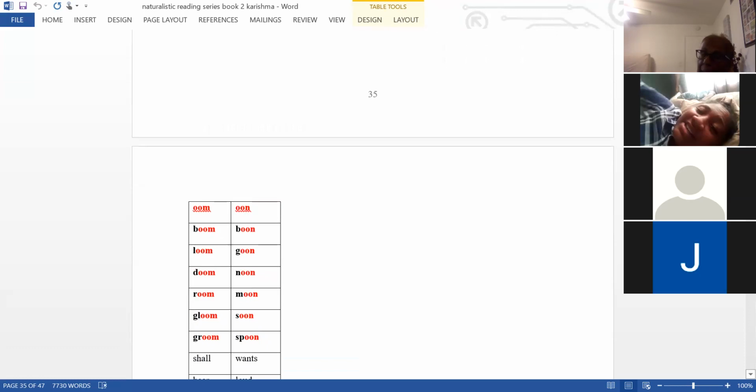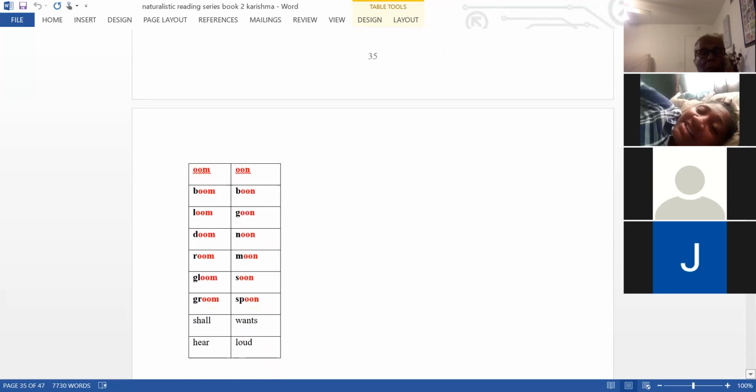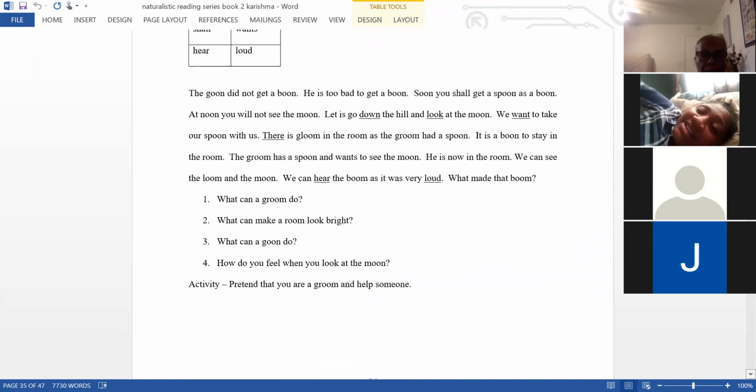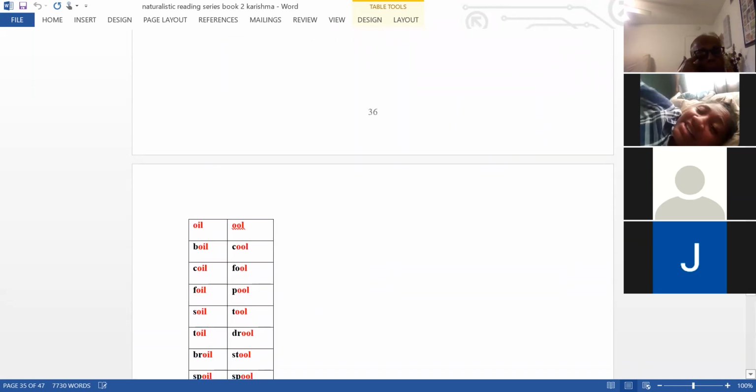So again, M and N comes in here, and they would have been familiar with that previously. Oil and ool. This one might be a little tricky, and you have to have patience a lot here. Oil, ba-oil, ka-ool, O-I-L. And here you have O-O-L, ool. Stress the oo, oo.